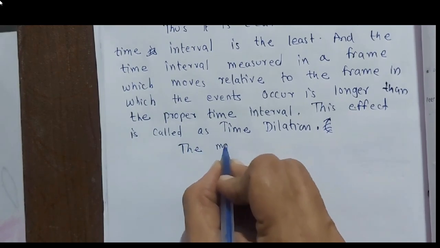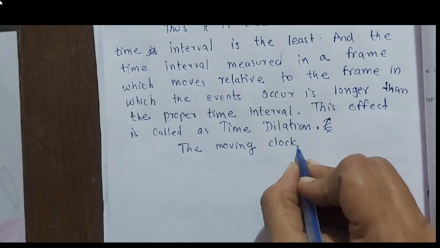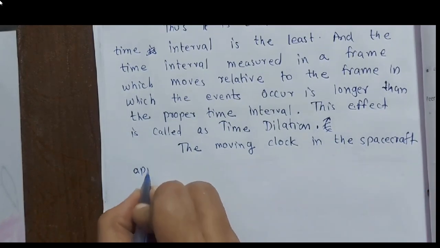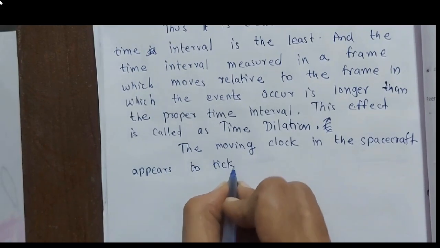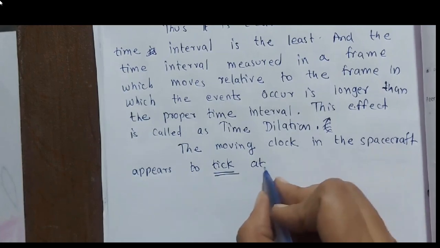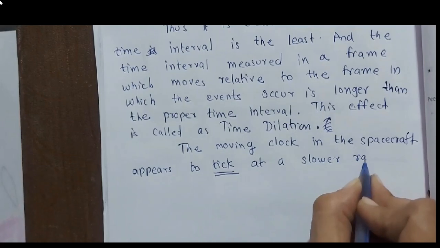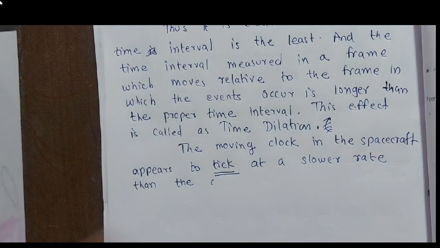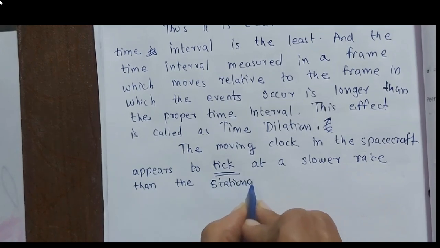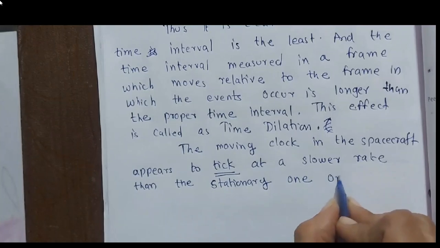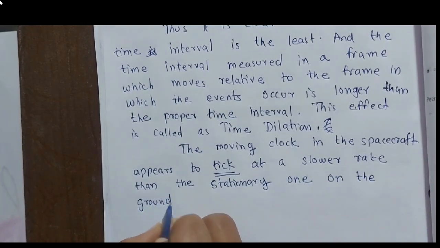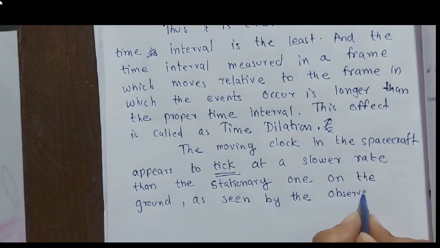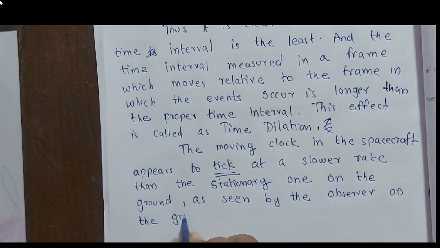The moving clock in the spacecraft appears to tick, it is a sound, tick means the sound of the clock, at a slower rate than the clock which is stationary one on the ground, as seen by the observer on the ground.